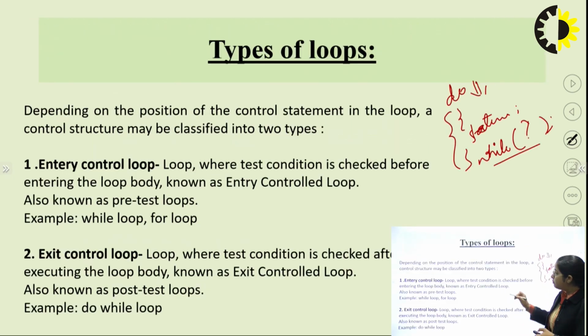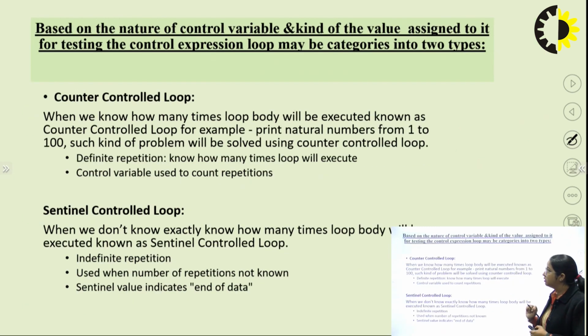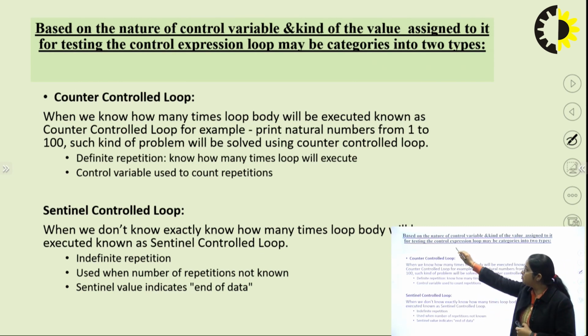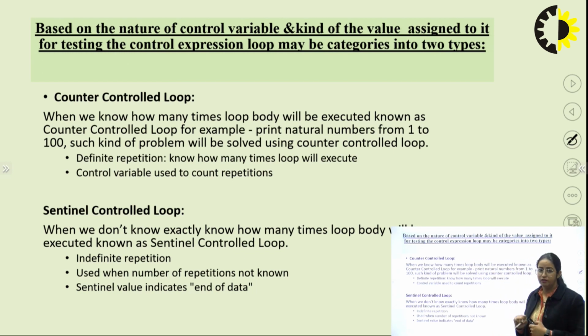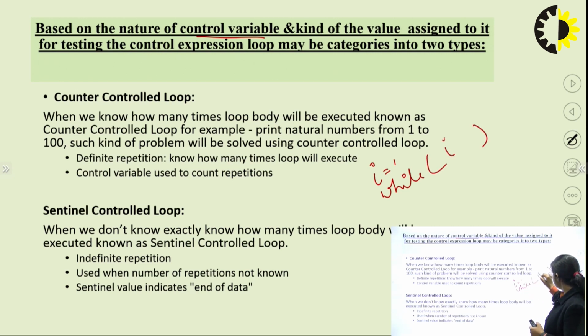Okay, so these are the types of loop, based on the position of the control statement. Now we have two more categories, the counter control loop and the sentinel control loop. These are based on the nature of the control variable. What is a control variable here? Suppose I write like this: I equals 1, while I is less than 5, and suppose I want to printf hello.